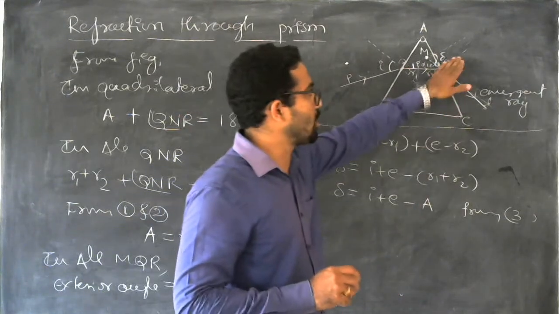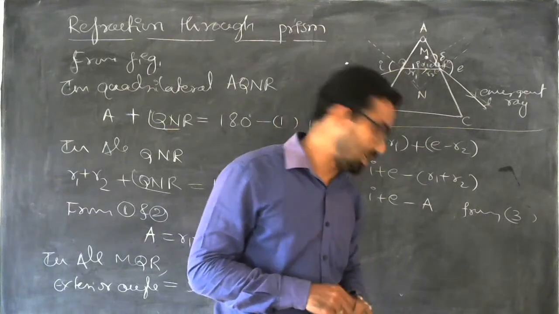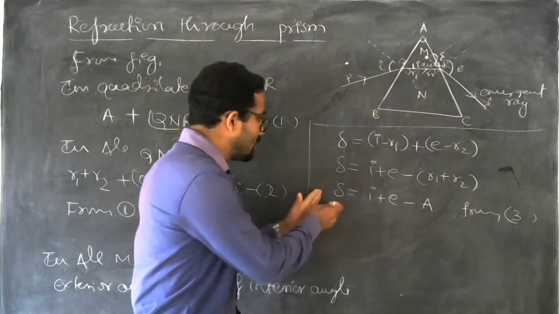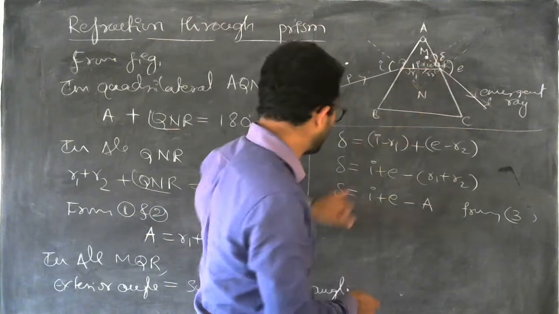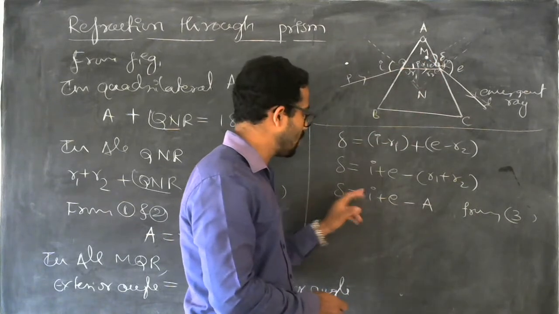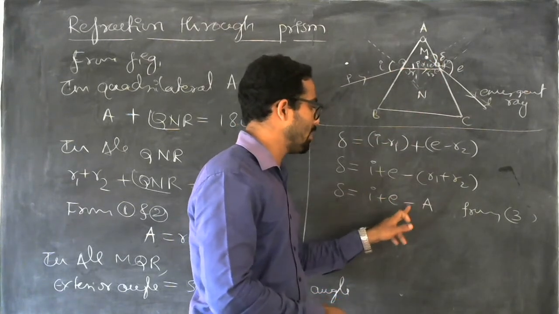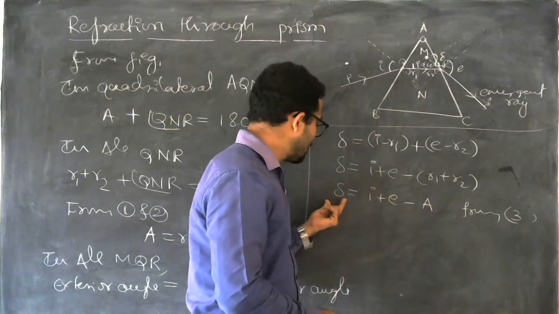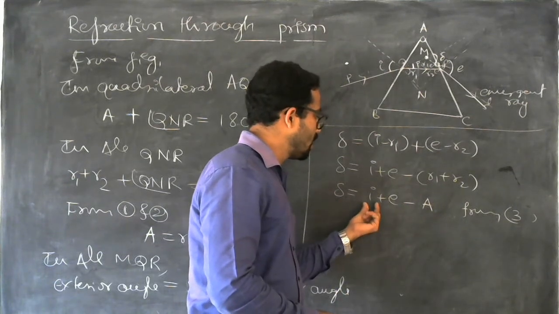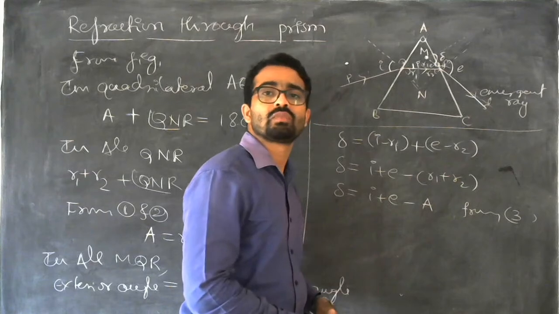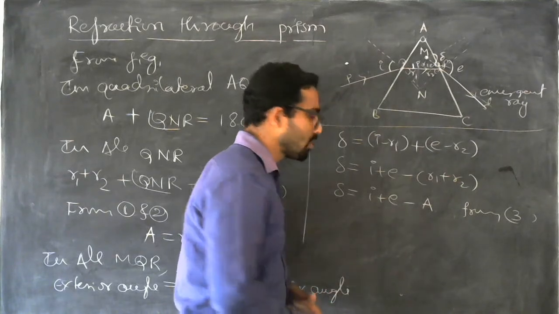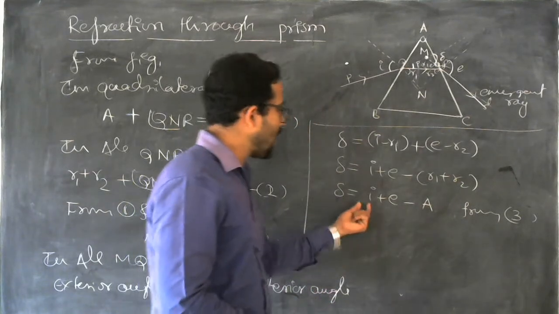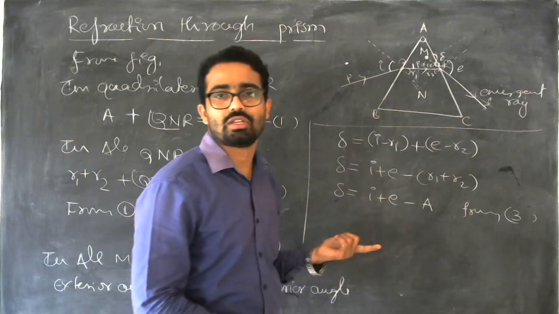That angle is called the angle of deviation. And if you look at the equation for angle of deviation, delta is equal to I plus E minus A. So this delta depends upon I and E. So we can see the symmetry of I and E from this equation.